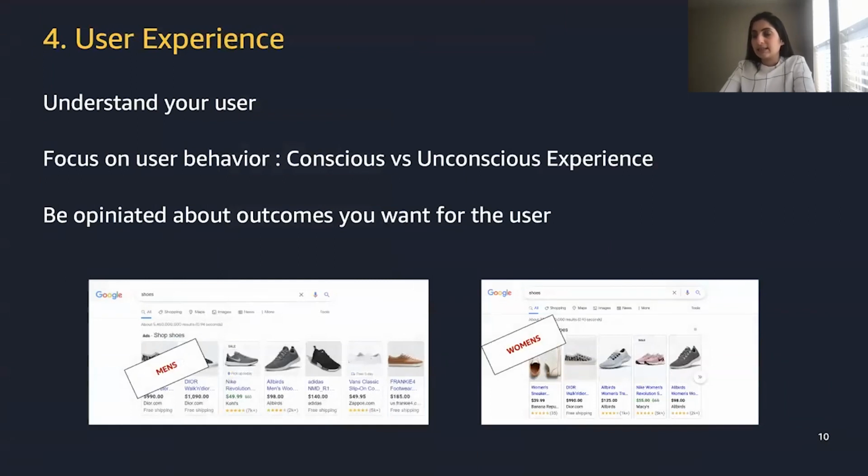Now we have seen defining the business problem, preparing the data, and then using that data to train your model and then productionalize it. So let's think about, once you have your model running in production, how about the user experience? So the important thing to think about here is that a lot of user experience in product management is conscious.